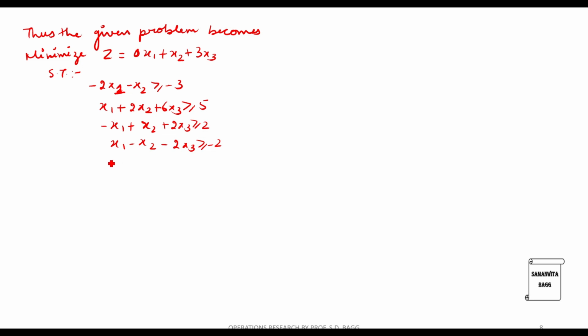I've just written all four of them, and lastly I'll write down x1, x2, x3 all are greater than or equal to 0. So I've written the entire question as a minimization type of problem as it is given to us.